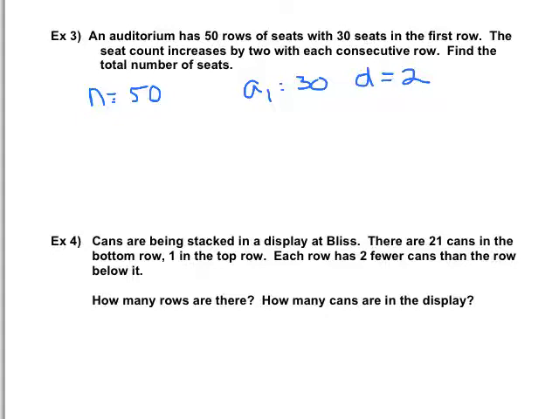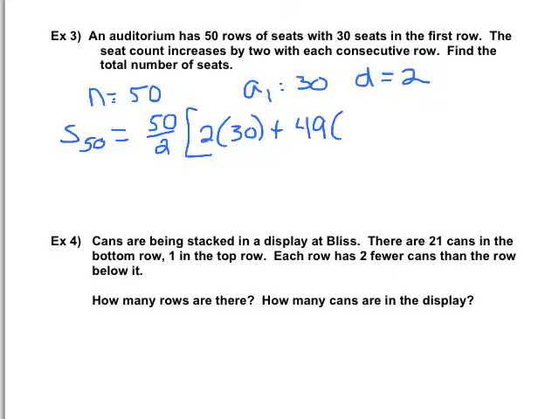I can use the first formula that I gave you. So the sum of the 50 rows is going to be 50 over 2, because it's n over 2, times 2 times a sub 1, plus n minus 1, which is 49, times 2.